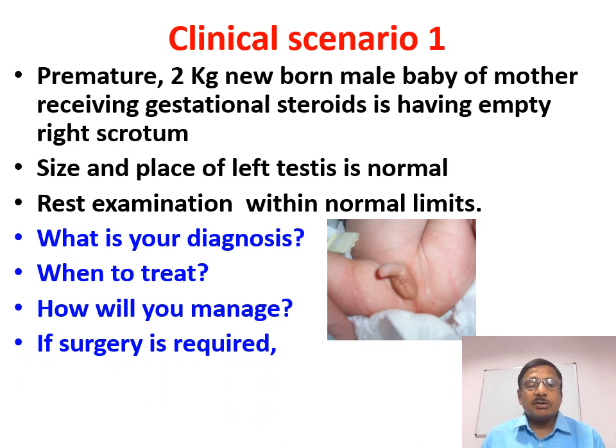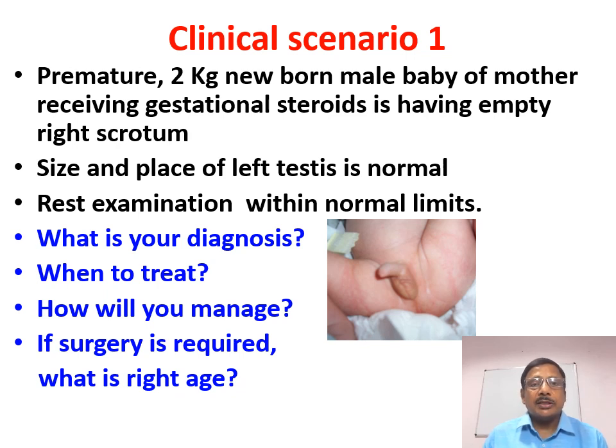And if surgery is required, what is the right age? Right age, if the patient reports to you, is 1 year and after. 1 to 2 years is the ideal age for surgery. Suppose the patient comes late at the age of 5 years, then you can try hormonal treatment, but even then surgery will remain the gold standard.